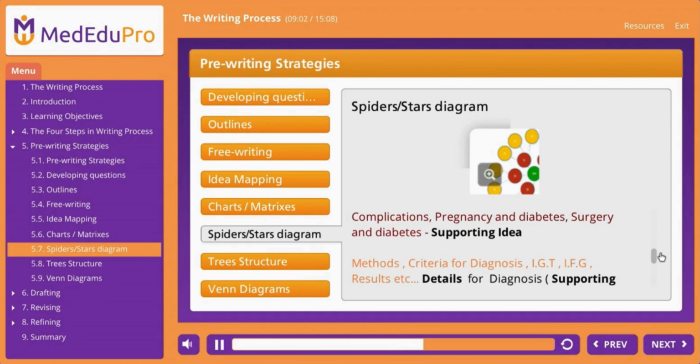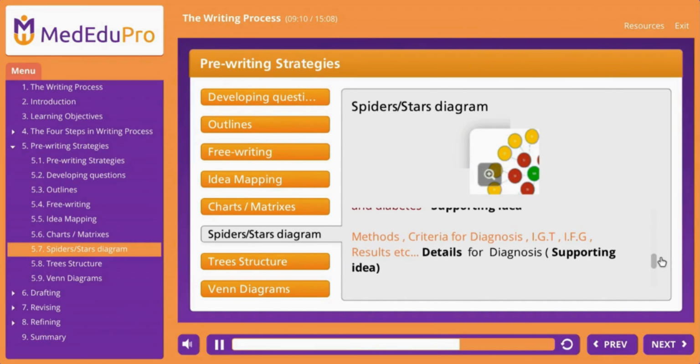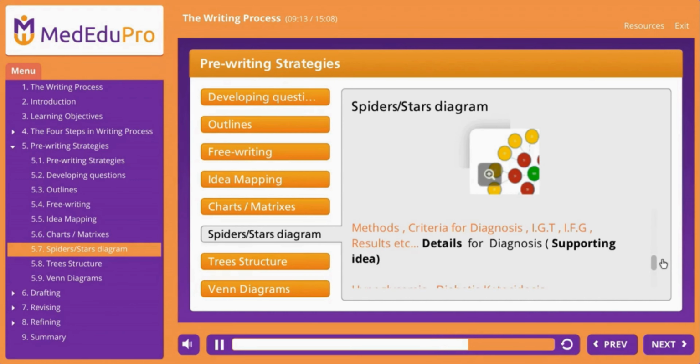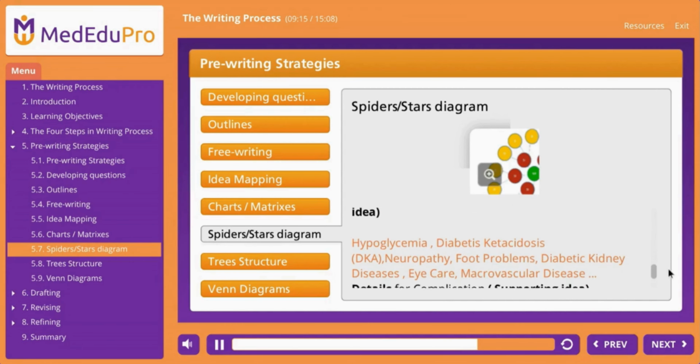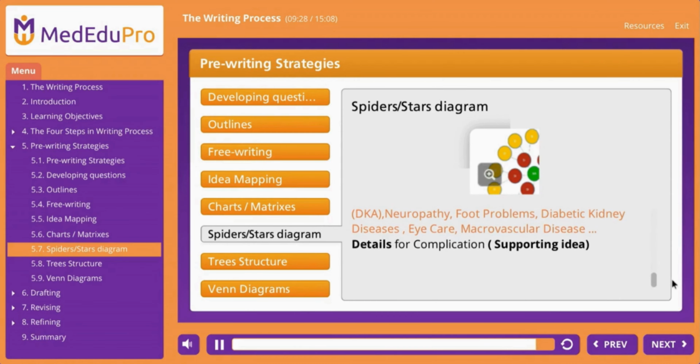Methods, criteria for diagnosis, IGT, IFG, results etc. Details for diagnosis, supporting idea. Hypoglycemia, diabetic ketoacidosis (DKA), neuropathy, foot problems, diabetic kidney diseases, eye care, macrovascular disease, details for complications, supporting idea.